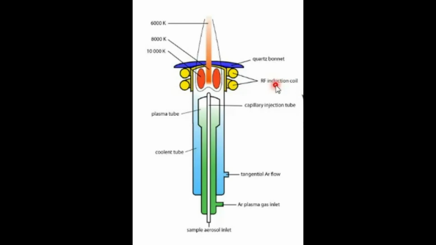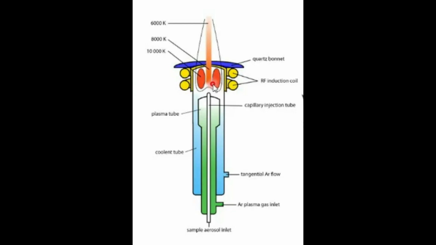So that induction field is changed at high speed. That high speed induces the plasma energy. It starts the argon that is coming from here and the sample that is coming from here. They get turbulent over here and increase their energy.